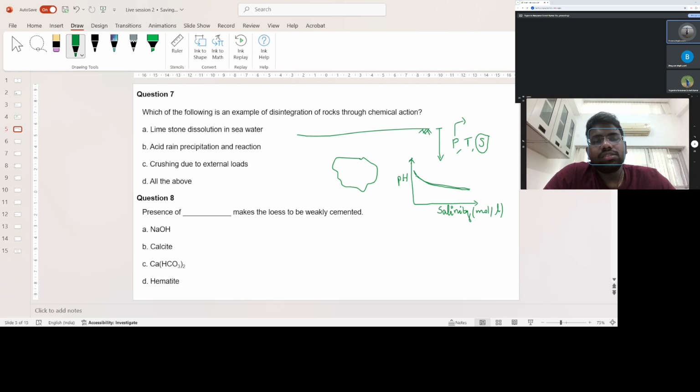Due to this aspect, there might be some isolated places where these minerals get dissolved. You can also ask, then all the material should get dissolved, why is it not happening? That is the natural question which comes, right?